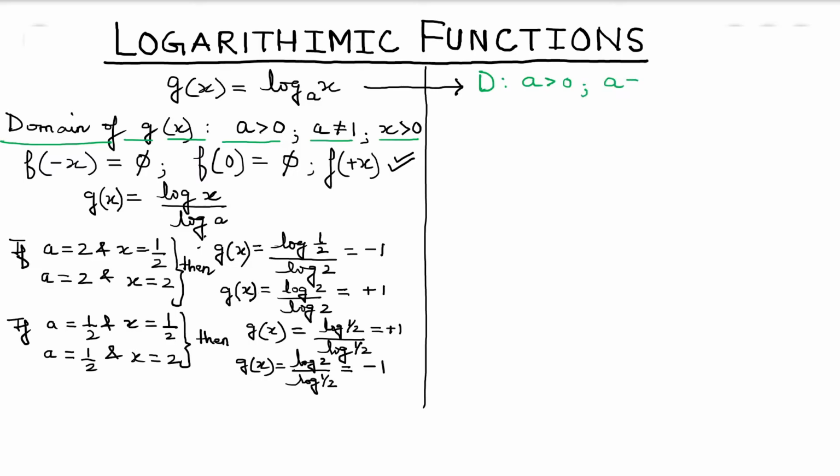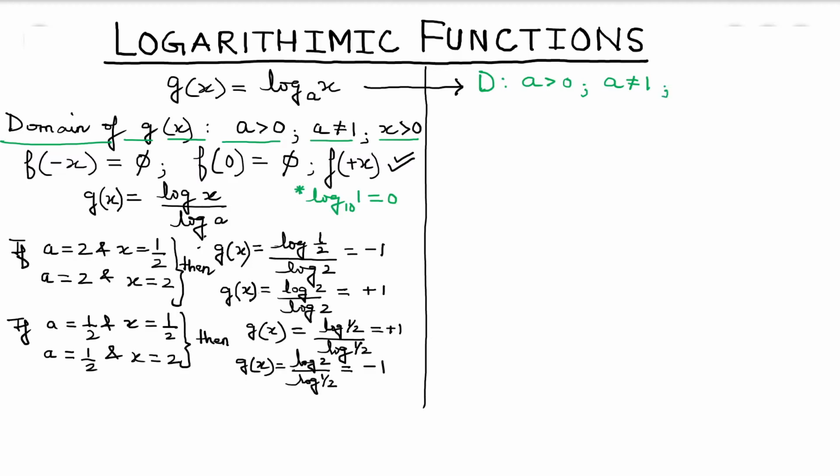At the same time, a cannot be equal to 1, because when we are talking about log x upon log a, and we know that by now or even if we do not know, we can write it down separately somewhere. So log 1 to the base 10 is equal to 0. This is an important point to be noted.